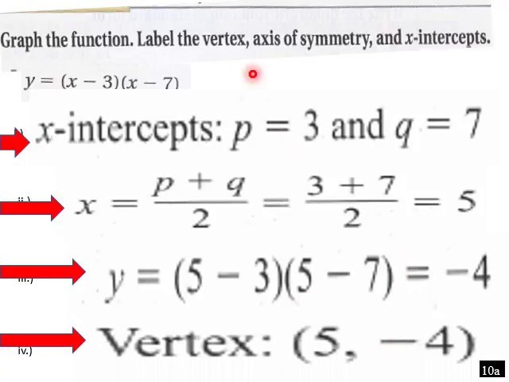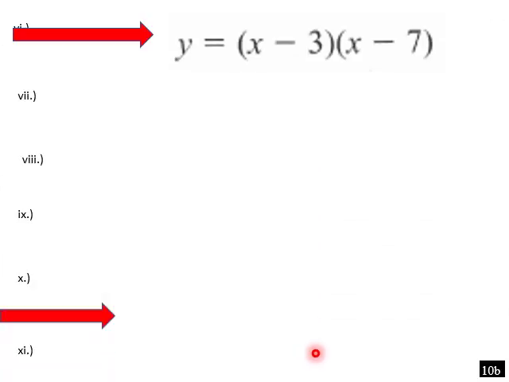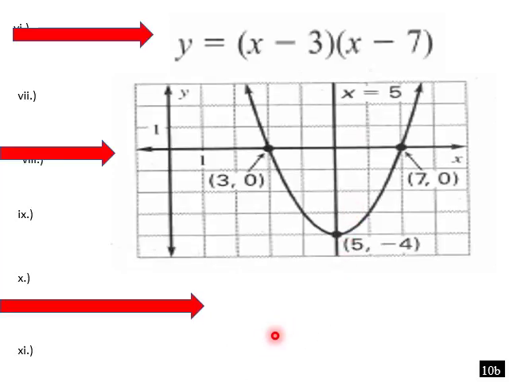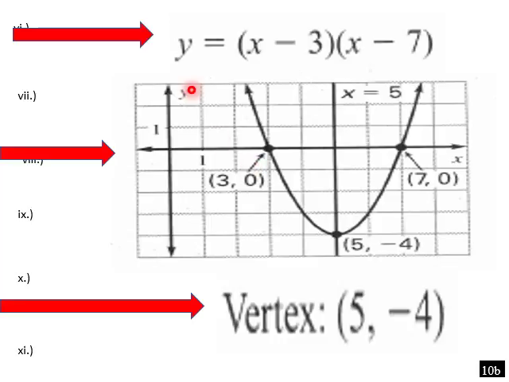So label the vertex, axis of symmetry, and then the x-intercepts. Here is our graph. Vertex would be (5, -4) here. And then y equals (x minus 3)(x minus 7) is our quadratic. So there are the x-intercepts, and then here is our axis of symmetry.